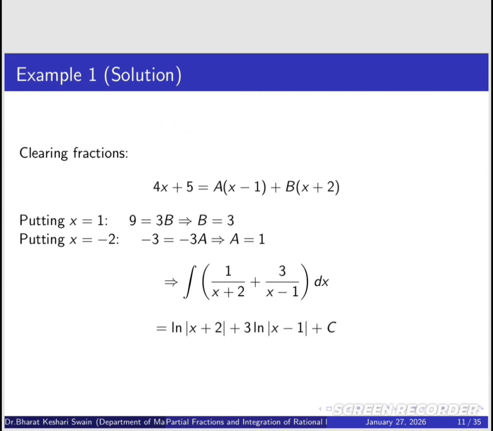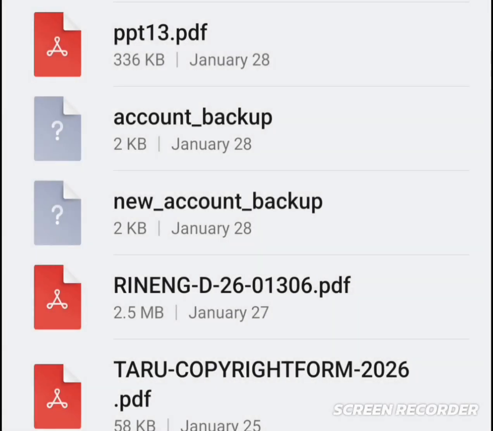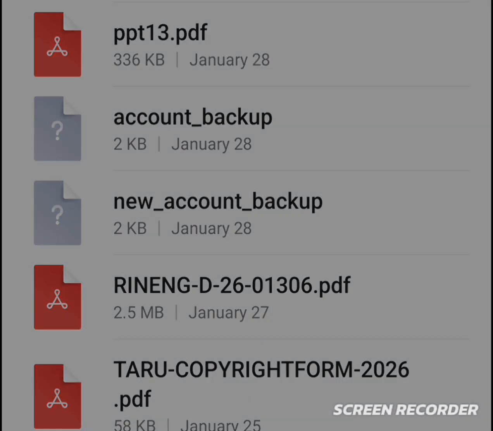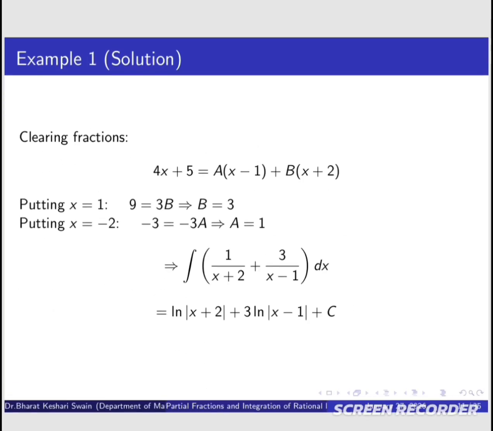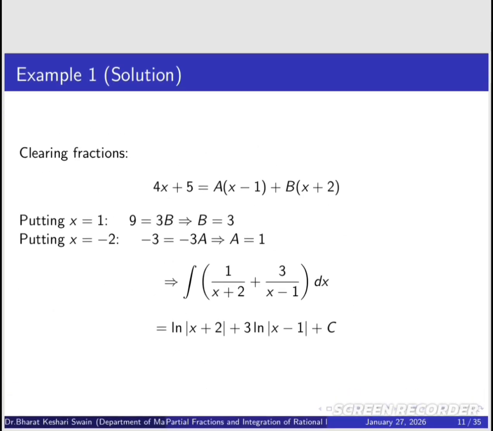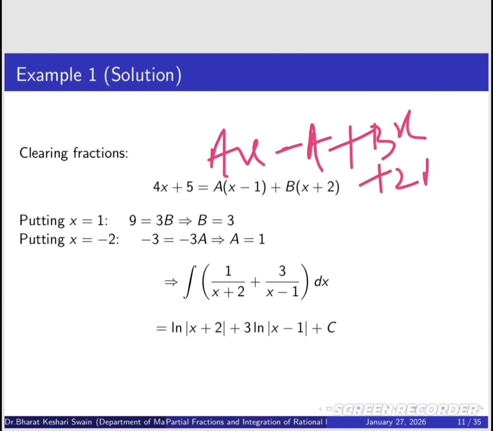Otherwise, you just multiply the right hand side, that is ax minus a, plus bx plus 2b.